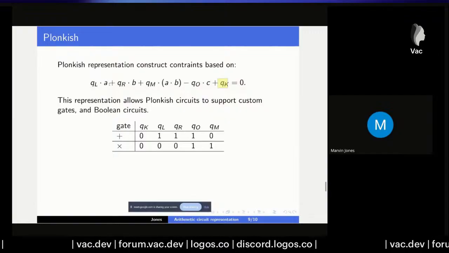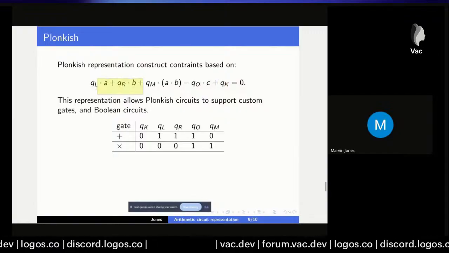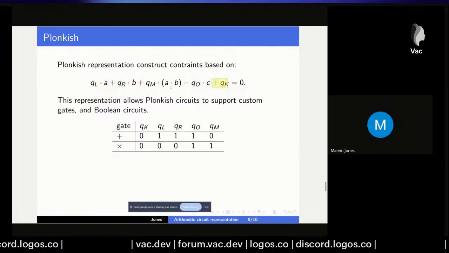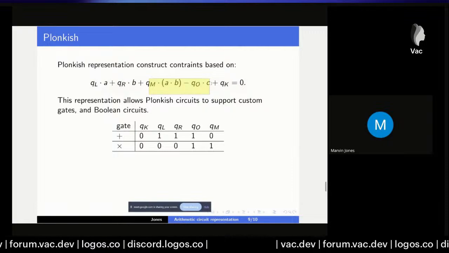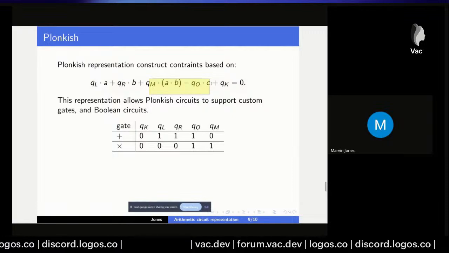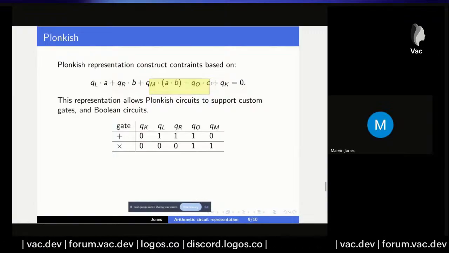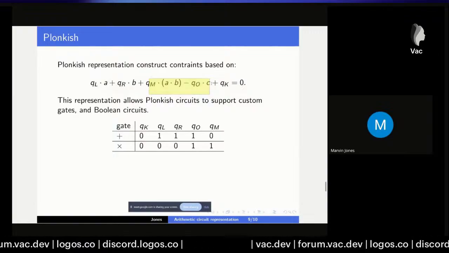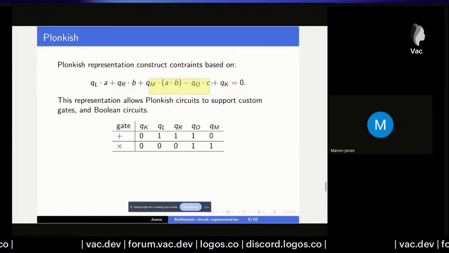I have A plus B minus C equals 0. Cool. And if I throw away this portion and this portion, I'm left with just the middle being a multiplication gate, assuming we plug in ones in the appropriate spots. So that's cool. But I can also represent more things than just that.